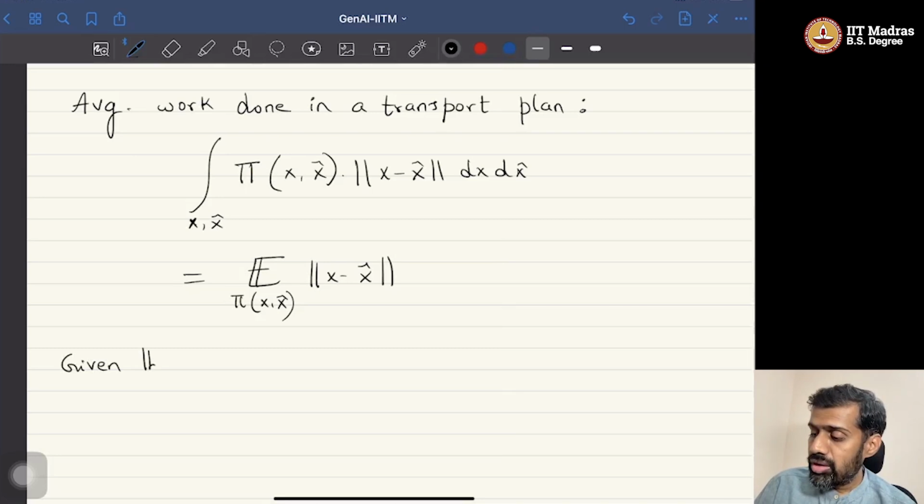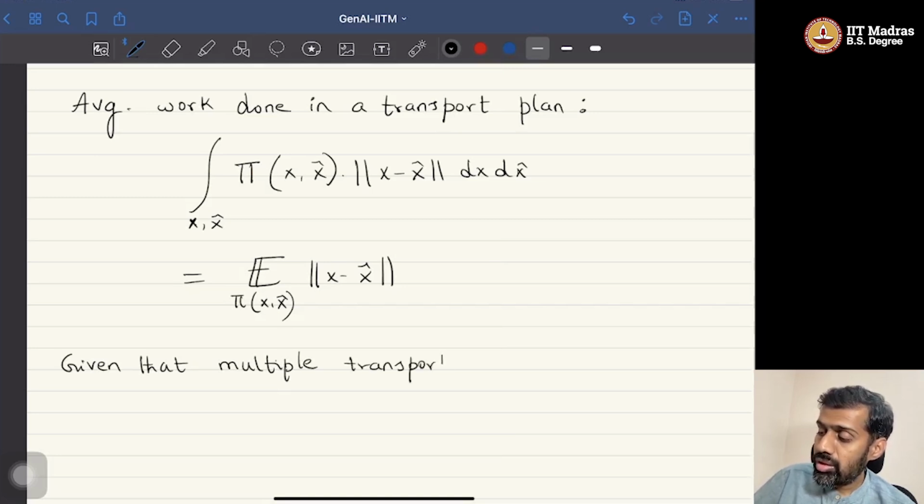Now the question is, given that multiple transport plans can exist. So what do you mean by multiple transport plans? Multiple joint distributions, right? Every transport plan is a joint distribution.